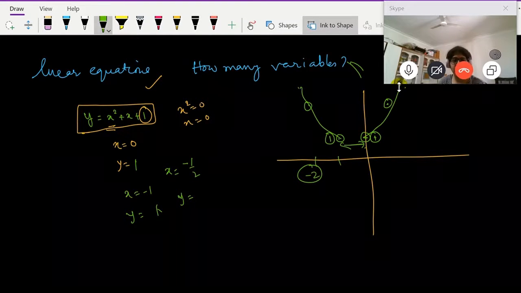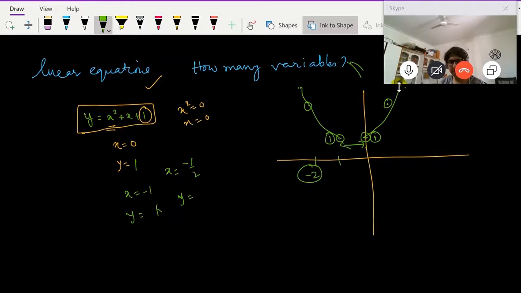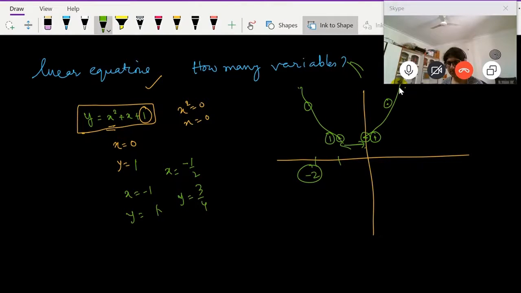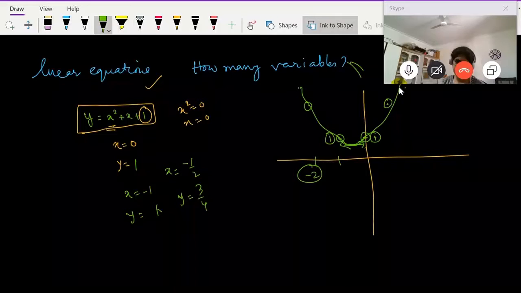No, wait. 1 upon 4 minus 1 upon 2 plus 1, which will be 3 upon 4. Correct. So we can understand that the graph will come down below 1 and be something like this, right?